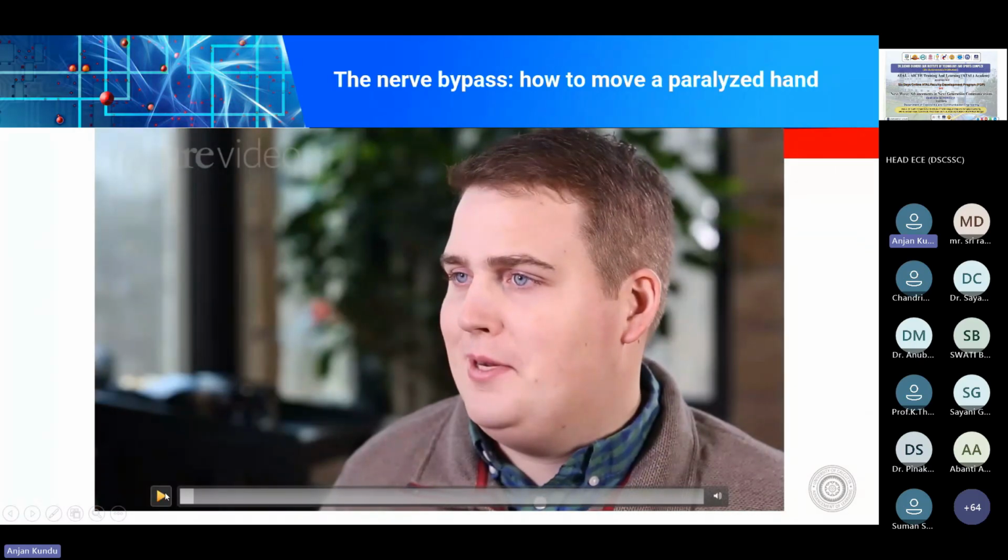Here also, this guy has been paralyzed due to an injury, and he can't move his right hand. So what they are doing, they are collecting the signals from the cortex. The collected signal is being fed to the signal processor through a communication channel, and then accordingly some sensors have been attached to his hand, which will activate the muscles.